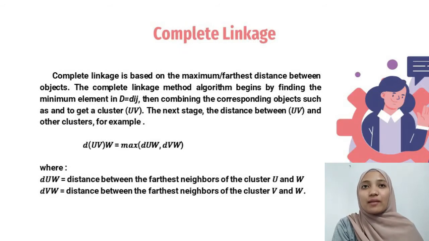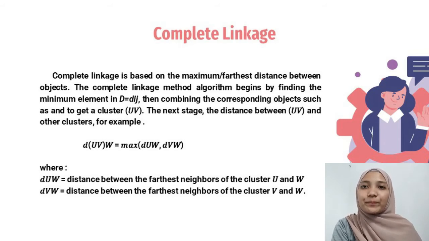Complete linkage is based on the maximum or farthest distance between objects. The complete linkage algorithm begins by finding the minimum element in D equals {d_ik}, then combining the corresponding objects, such as U and V, to get a cluster UV. The next step is the distance between UV and other clusters.